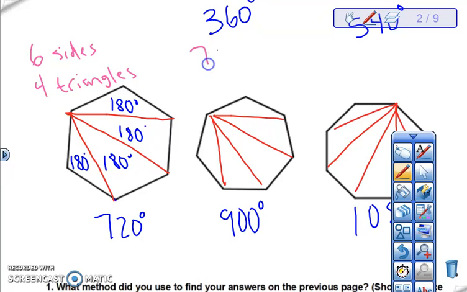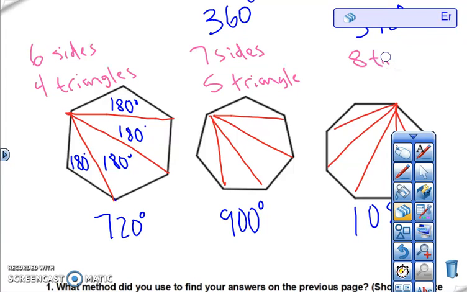Seven sides and 5 triangles. And hopefully you can figure out that as I go up, my number of triangles is always going to be 2 less than the number of sides.